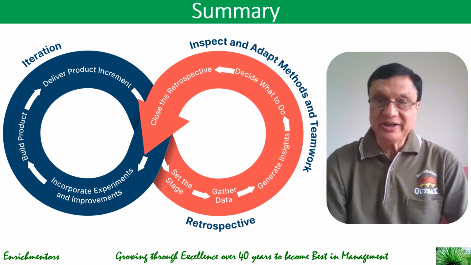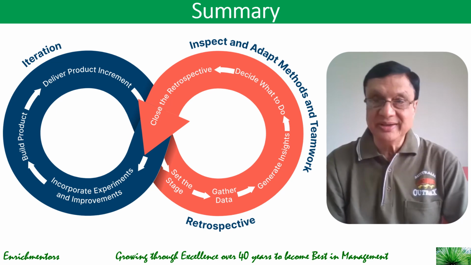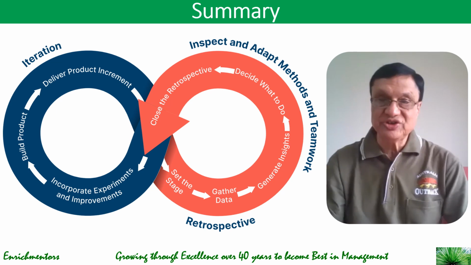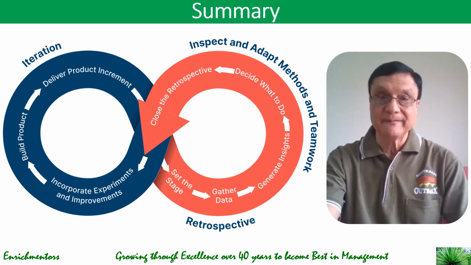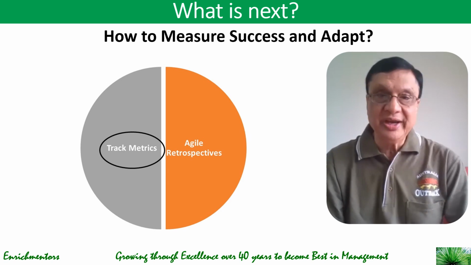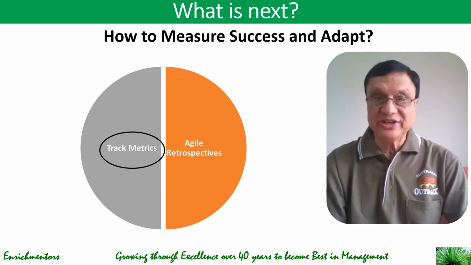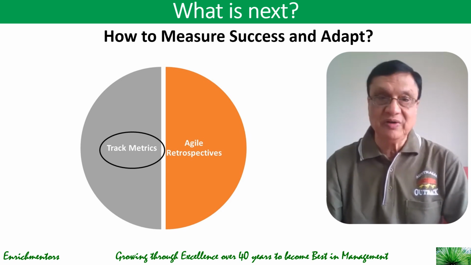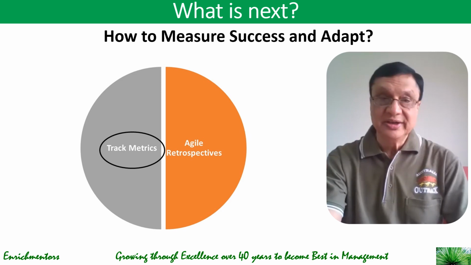When retrospectives are implemented thoughtfully, they become an integral part of an organization's learning culture, driving innovation, efficiency, and adaptability. So what do we do next? We will look at the second strategy of measuring success and adapting, which is tracking metrics other than, or in addition to, Agile retrospectives.